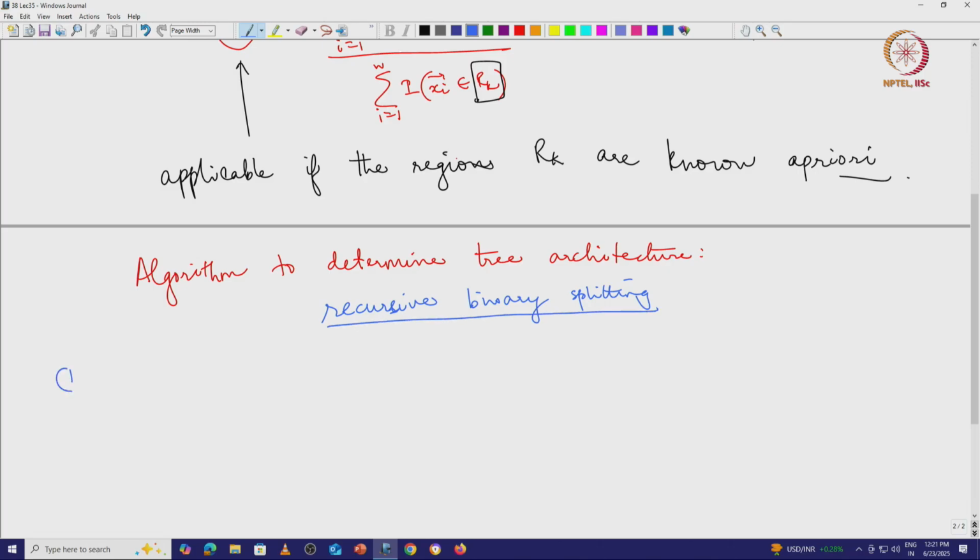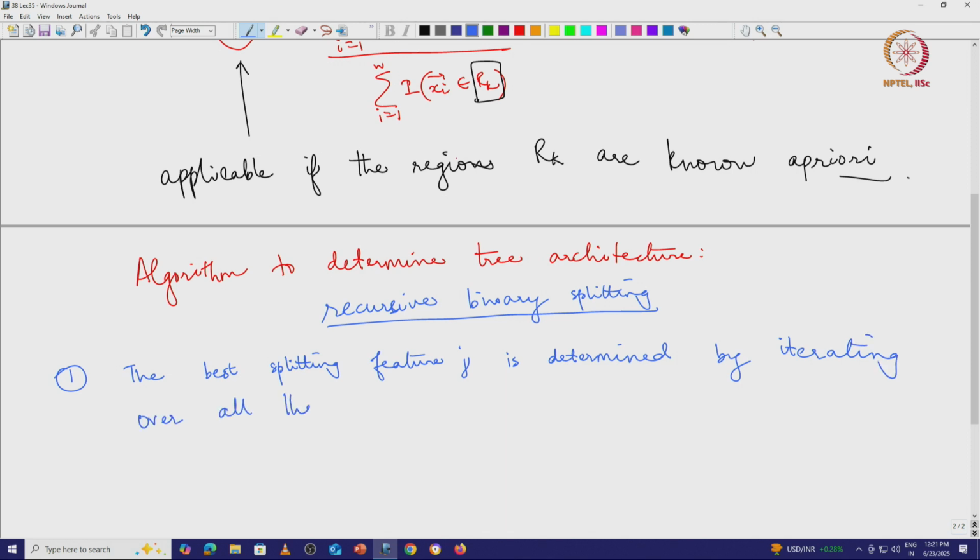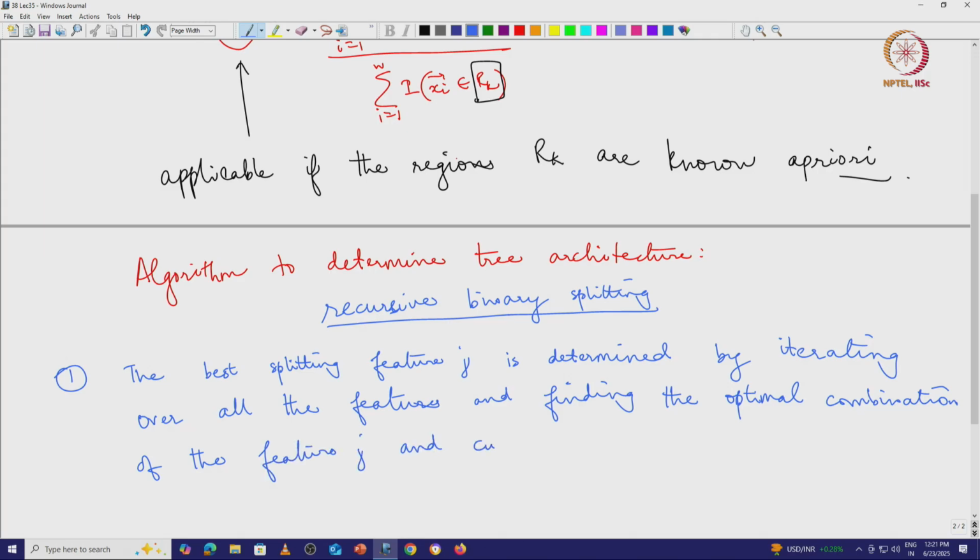In the first step, the best splitting feature j is determined by iterating over all the features and finding the optimal combination of the feature j and cut point s.